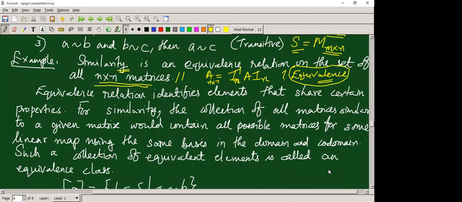For example, if you are taking the relation as similarity and you are taking an element A in S, where S is the collection of all n by n matrices, then what is the equivalence class containing A? It is the collection of all matrices similar to A, which is the matrix representation of a linear transformation from B to B, where the basis B is taken in the domain and codomain.